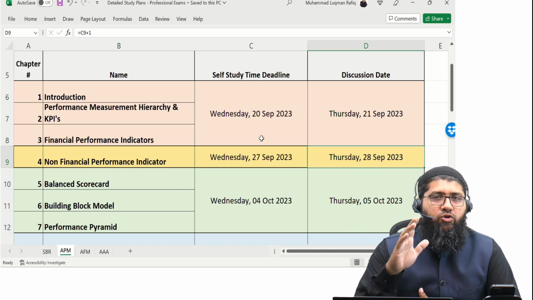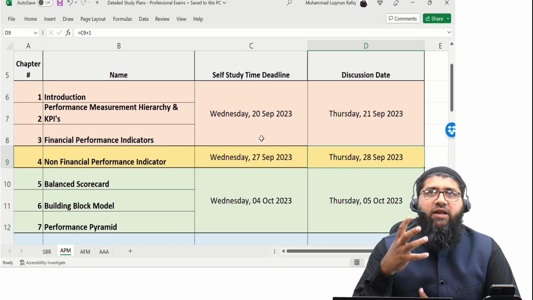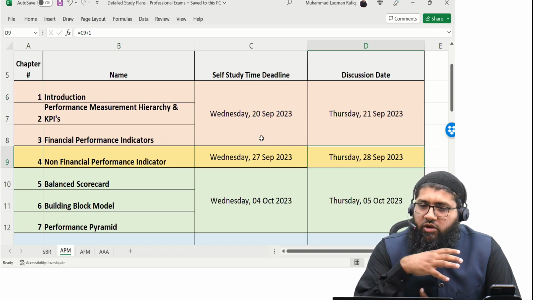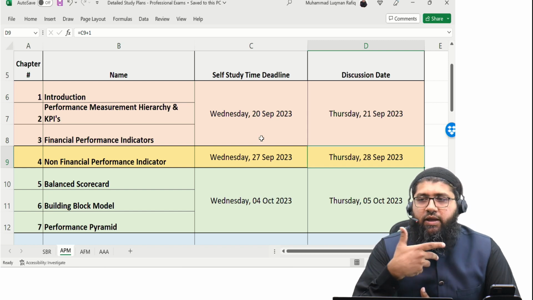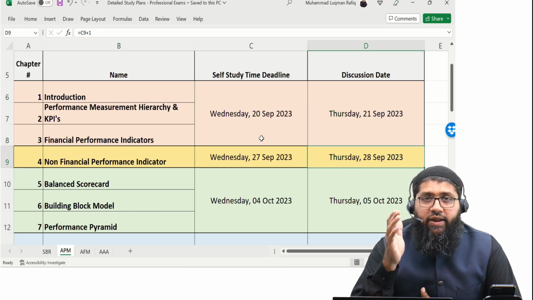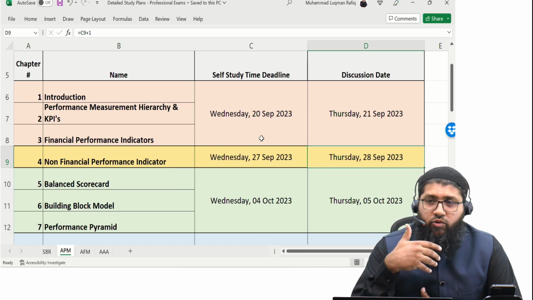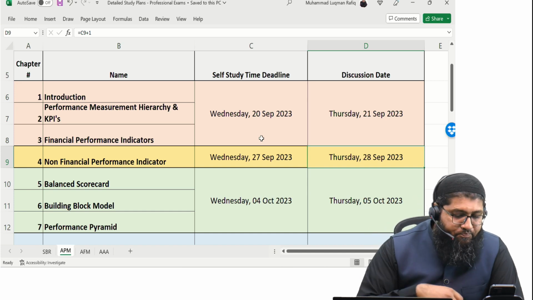APM is for those who are not number crunchers, who like to think of solutions and like discussions of different scenarios. You would enjoy APM if you like to think, right?